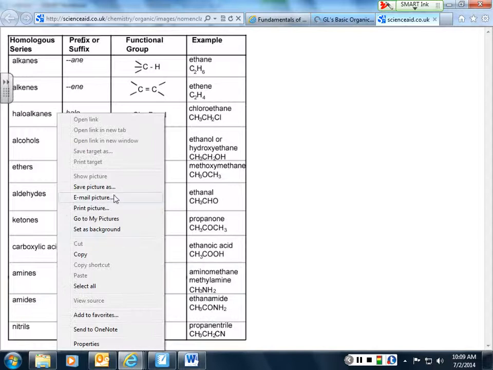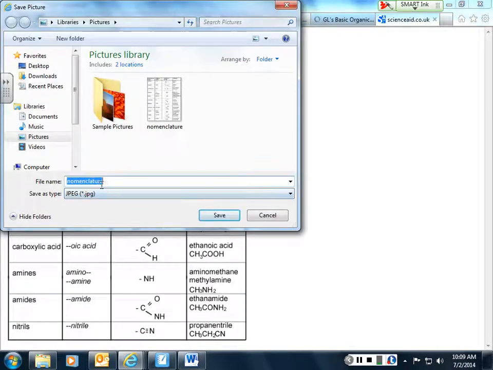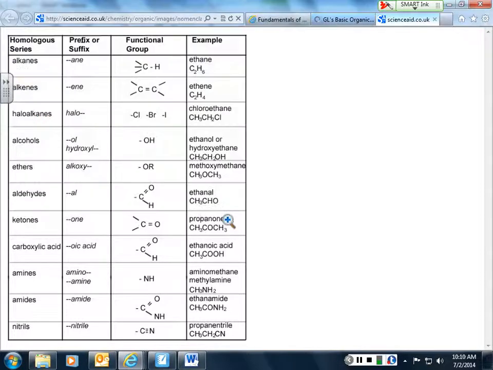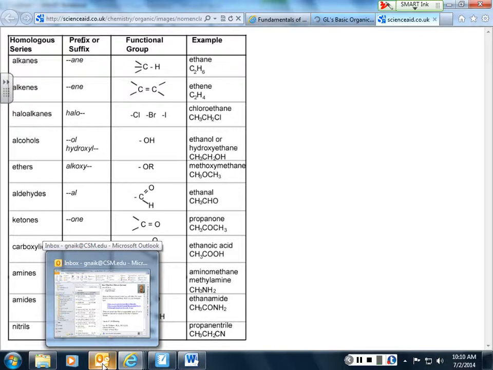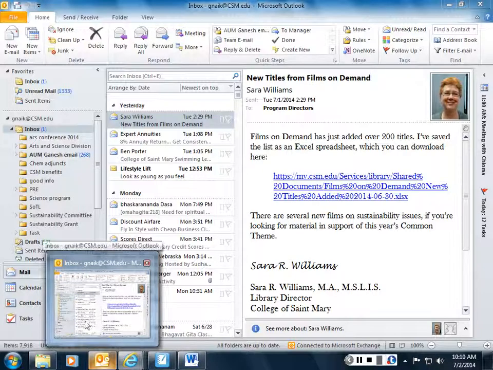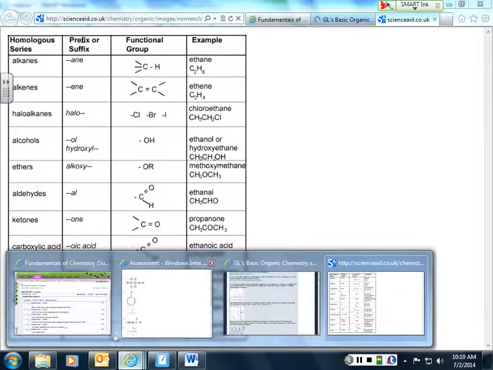Save picture as. We could just email it to her. Do you want me to email it to you? Either one. I was going to print off those other worksheets anyway, so I can print that out. So I'll put it in that functional group thing.